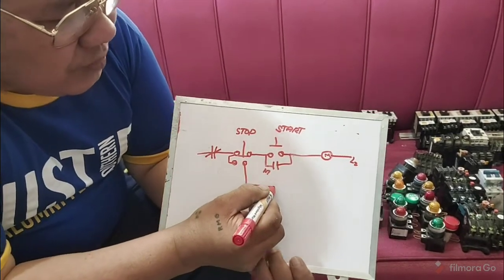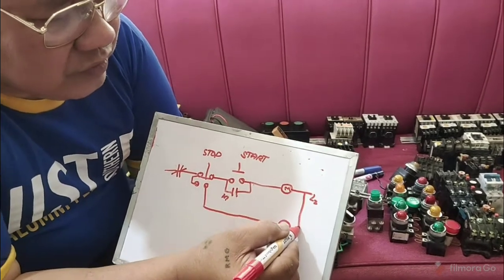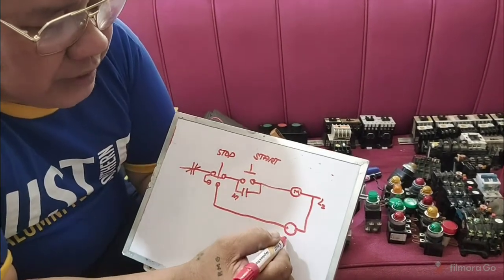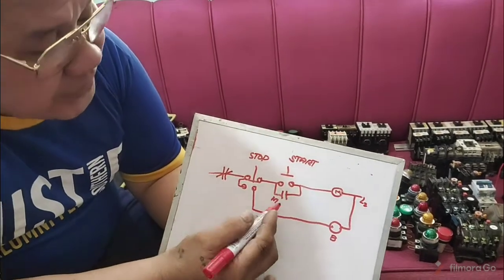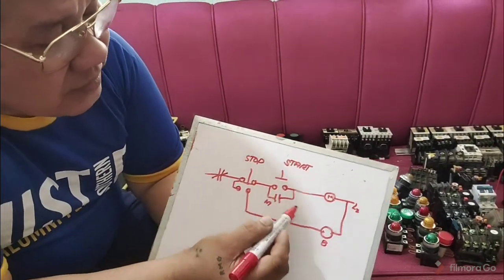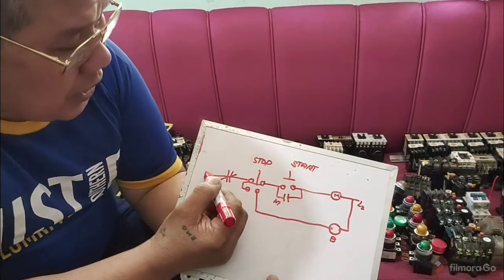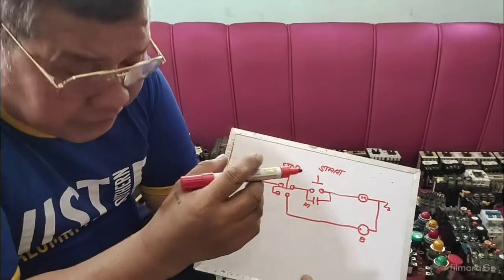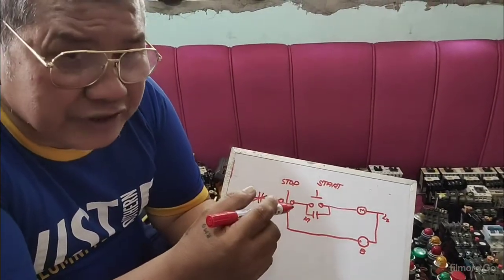Then you have your brake contactor, like that. So this is your brake contactor. So when I press the start button, this will energize. So in the power circuit, immediately the alternating current source will energize the motor.